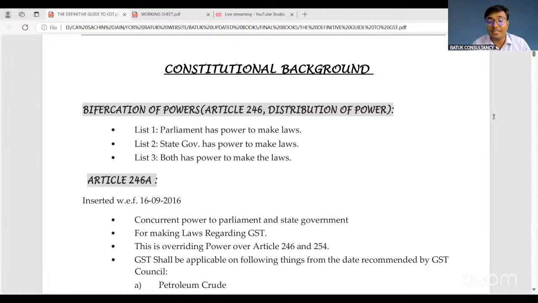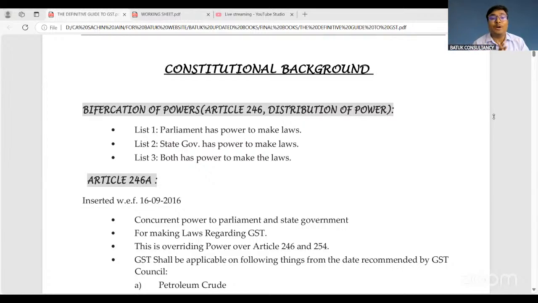So we should know the important articles in our Constitution which are very relevant to GST, because whenever you go for litigation, you need to know all these provisions and articles. Today we'll try to understand from where this GST law comes.